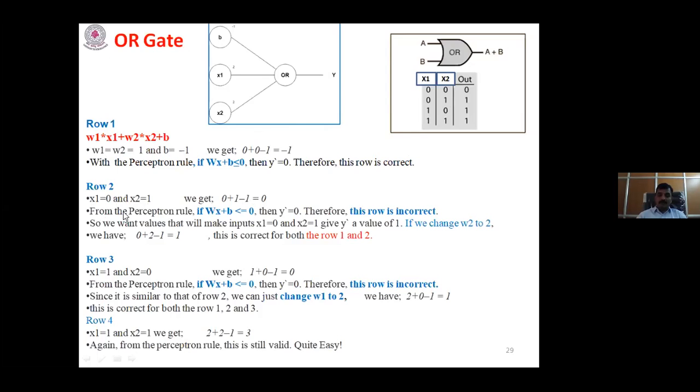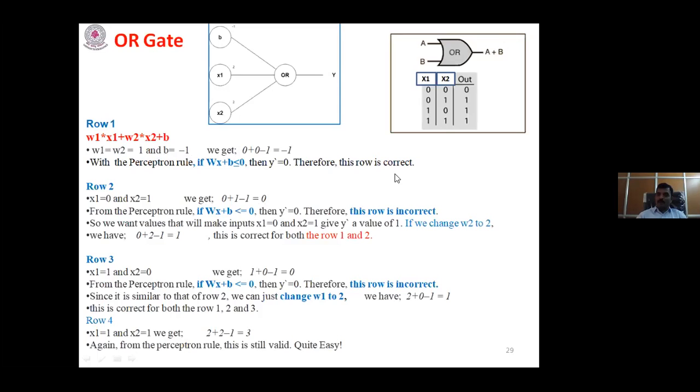So from the perceptron rule, that means activation function, if Wx plus B is less than or equal to 0, then y is equal to 0. This 0 is less than or equal to 0, so y is equal to 0 with these weightages W1, W2 and the bias value.